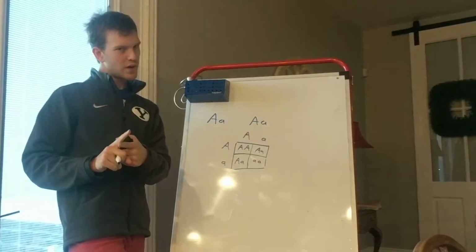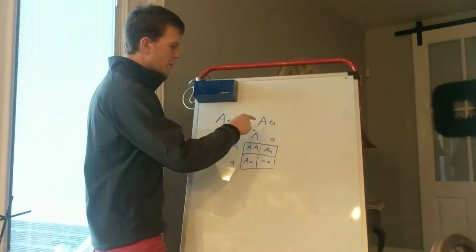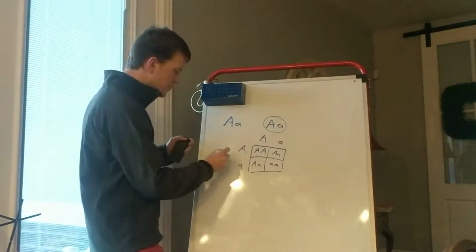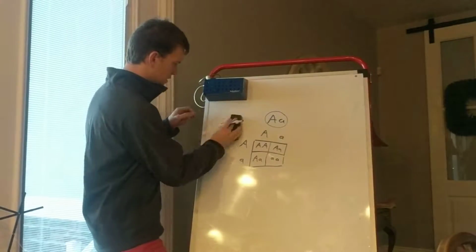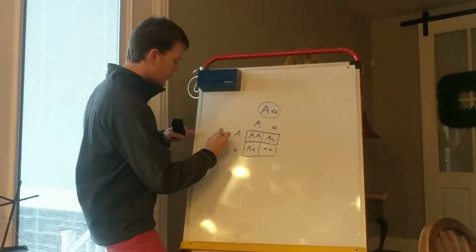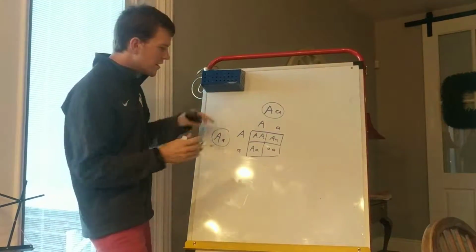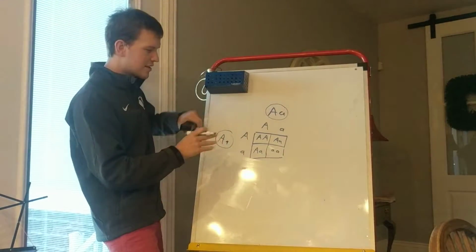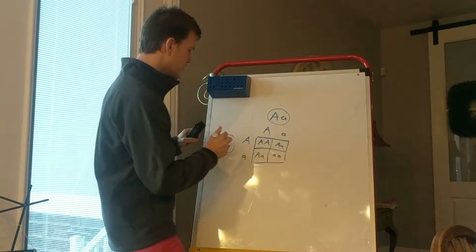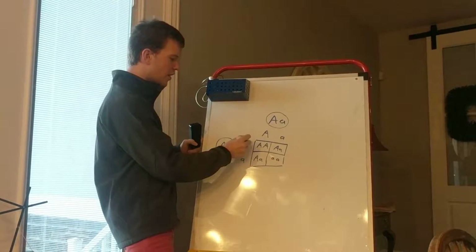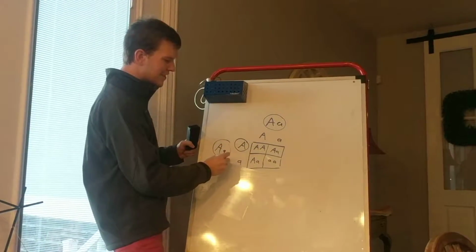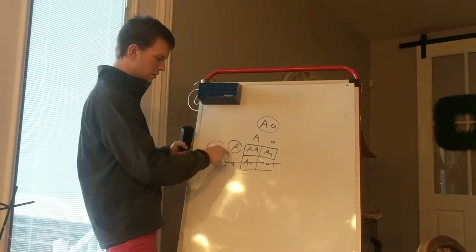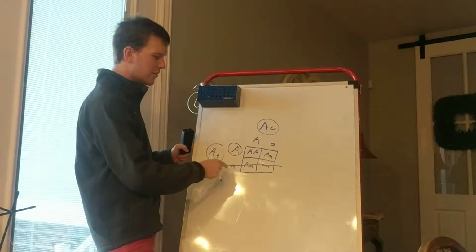Now, it's a different question if I say, we know that this parent, the dad, or this parent, I'm going to remove that here, we'll call that the mom, I guess. If we know that one of them, we know which gene they passed on, then it changes the probability again. So let's say we know that this one is an A. Well, that means we eliminate both of these options, because, well, we know that this is not in the game.